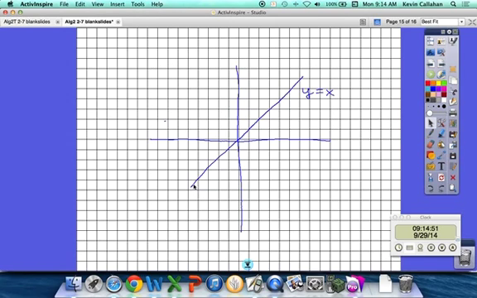Imagine this. If I draw that graph in a way that moves that line up to here, that's definitely up 2, right?